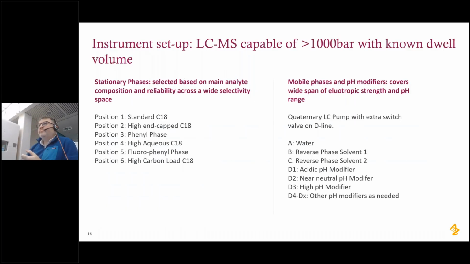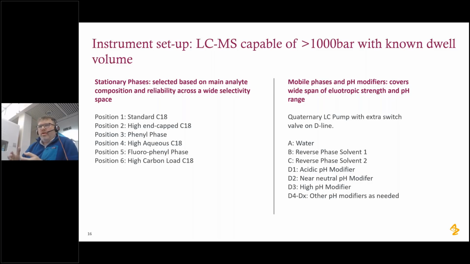So I've said that this requires a specific instrument setup, and you can see here the instrument setup that we have. It needs to be an LC mass spec system that is capable of having 6 columns in some sort of column manager that can switch between any one.